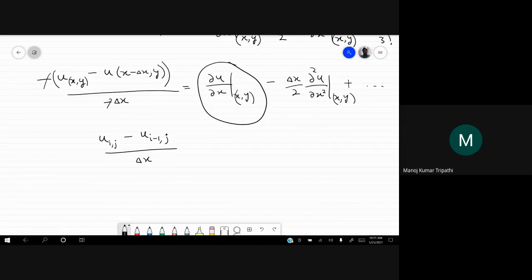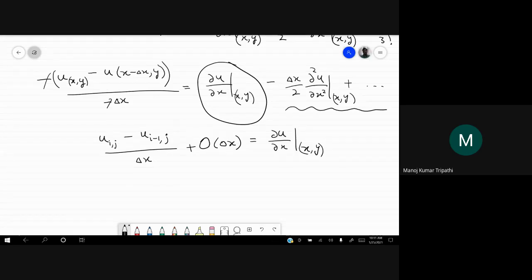And if you take the series which is left out to the left hand side, you can write plus order delta x. This is equal to dou u by dou x at xy, which is exact.